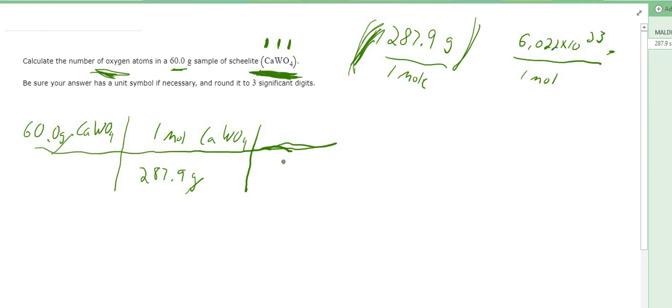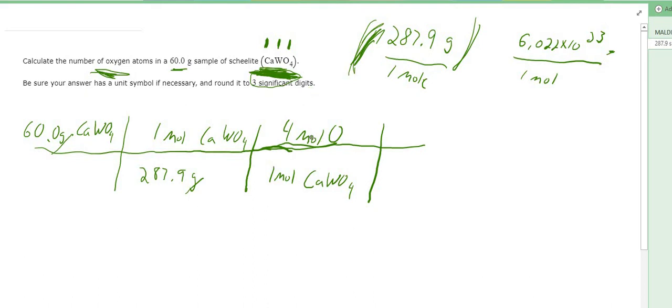And so I know that in 1 mole of the scheelite there are 4 moles of oxygen. That's one of the tricks of getting this problem right, to realize that you have these conversion factors built into the molecular formula for scheelite.